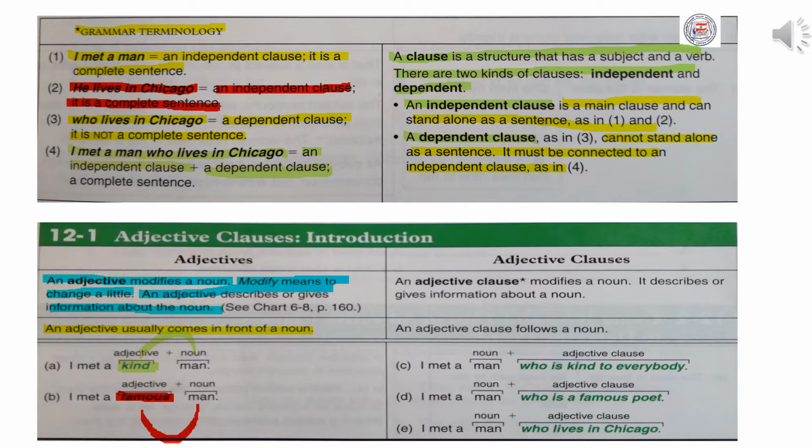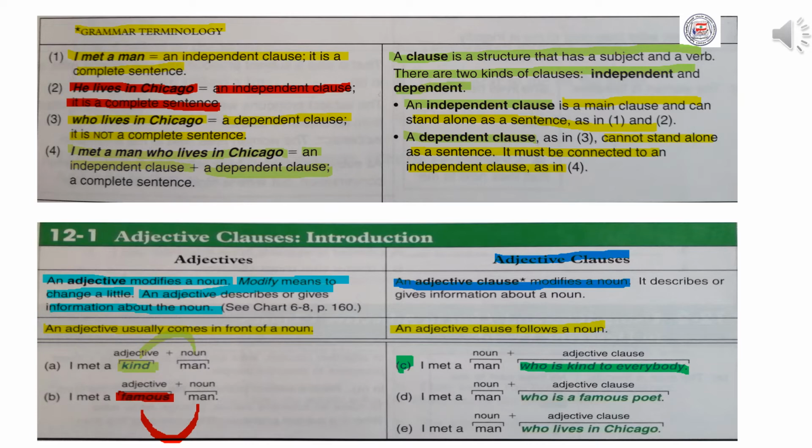What is an adjective clause now? As adjectives modify nouns, an adjective clause modifies a noun too. However, an adjective clause follows a noun. It is connected to the noun it modifies. Let's look at examples C, D, and E. In C, I met a man who is kind to everybody.